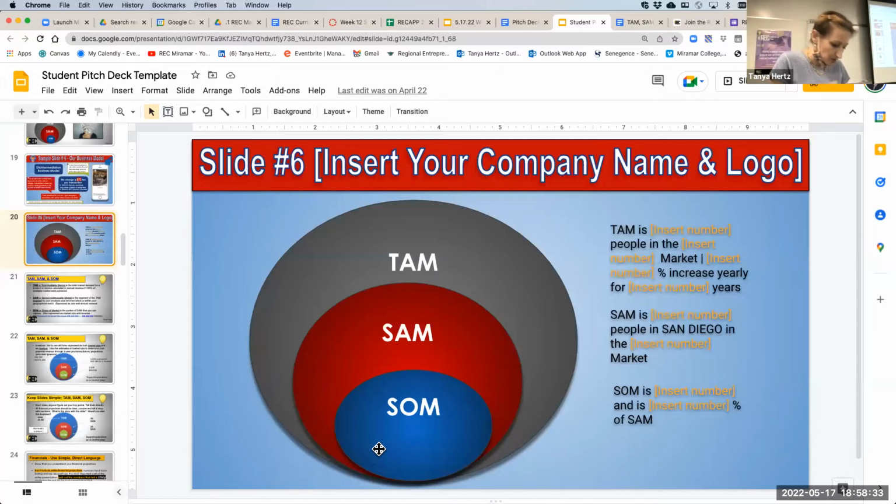You want to actually use the Census Bureau, use industry information, and then tell people where you got it. It doesn't go on the slide itself, the citations, but have a citation document at the end, or perhaps in the notes, somewhere where very easily, when somebody says, how did you get that number? Boom, you can pull it up and say, this is how I got the number. It's from 2021 US Census Data Report.